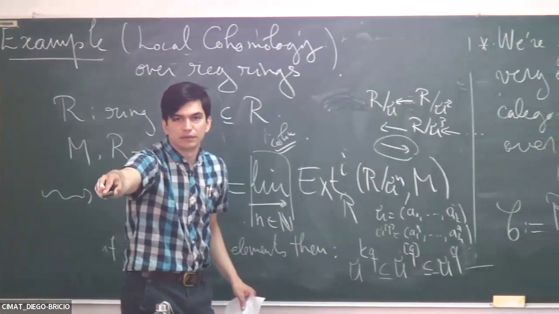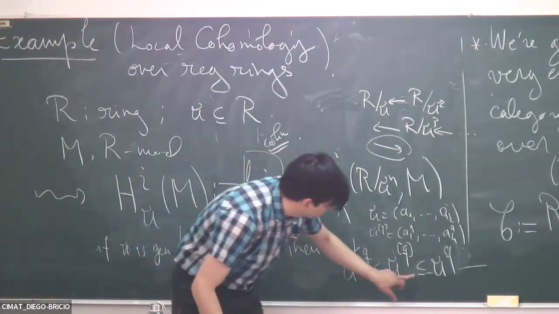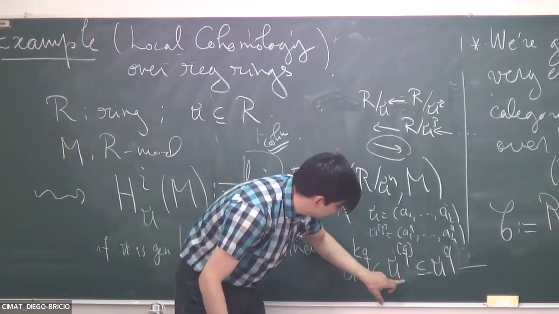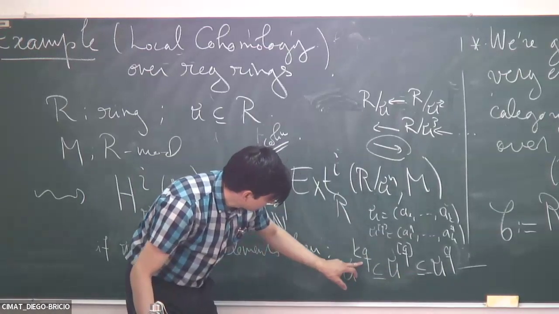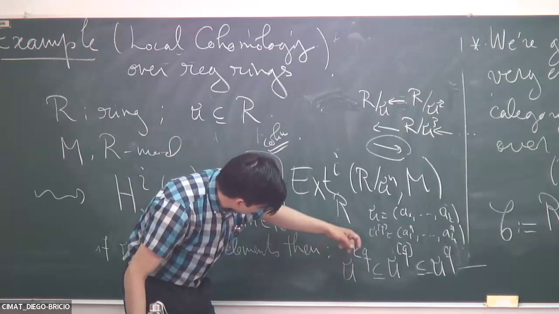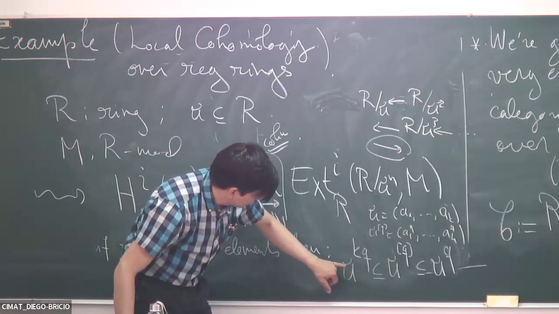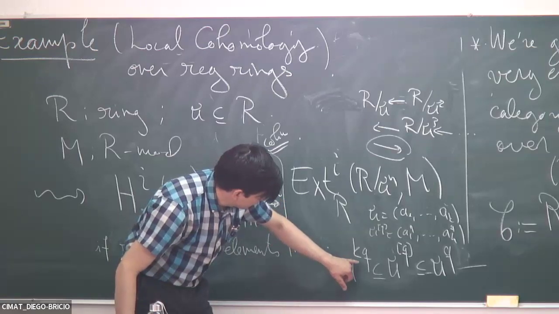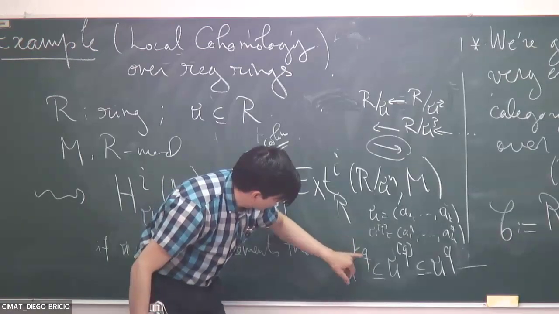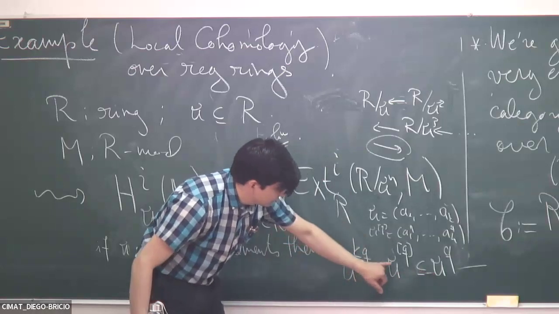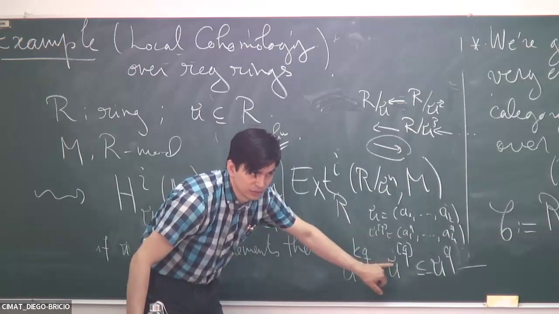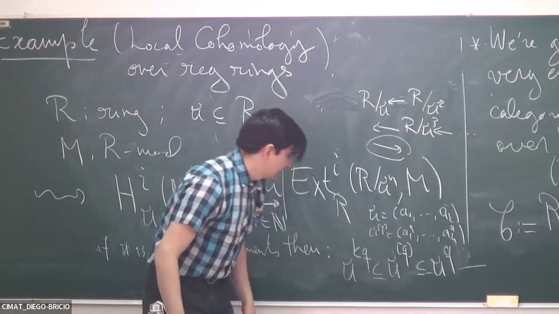So the Frobenius power is deeper. It's contained there, but not by much. This is a pigeonhole principle: if we have k generators and we take a sufficiently large power, an ordinary power lands inside here. Let you think about that.